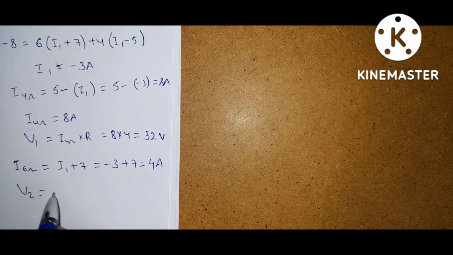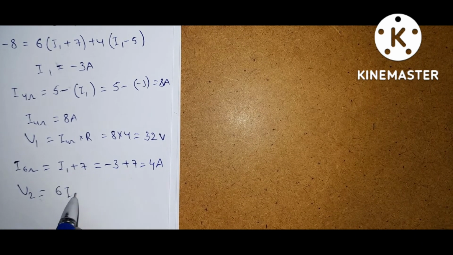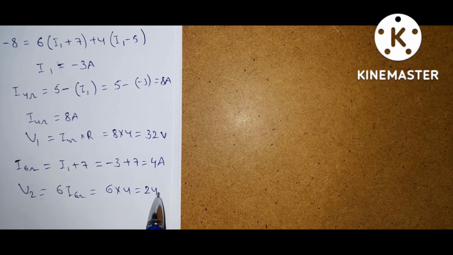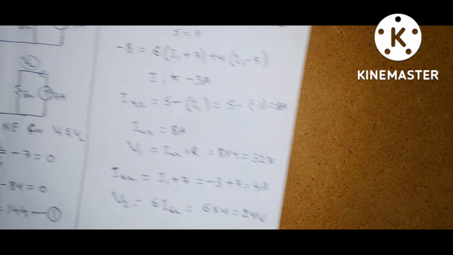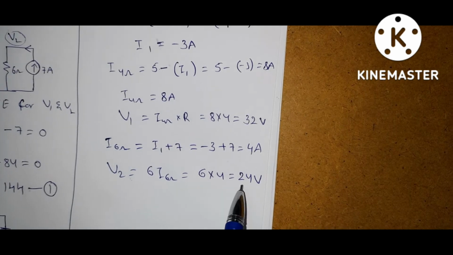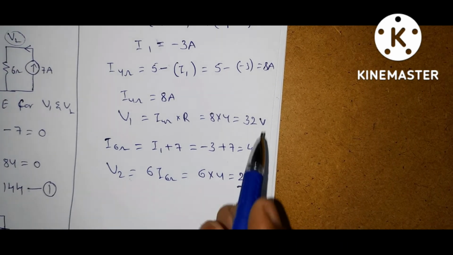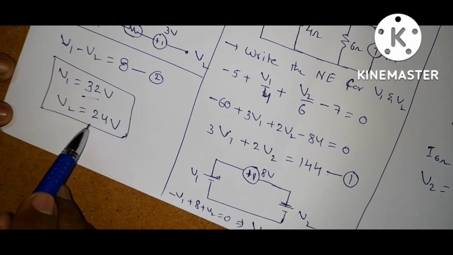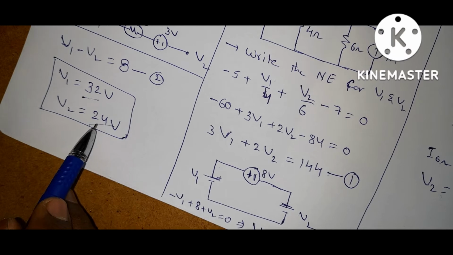So V2 is 6 into I6 ohm, 6 into 4 is equal to 24 volts. So in both cases we got the same answer. V2 is 24 volts, V1 is 32 volts. Here also V1 is 32 volts, V2 is 24 volts.